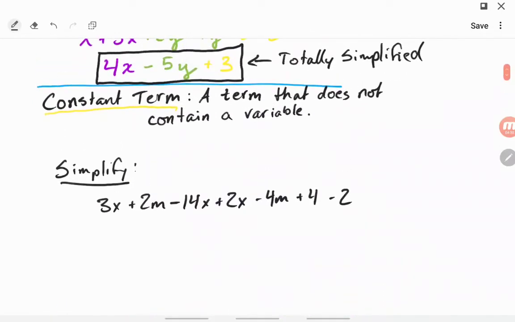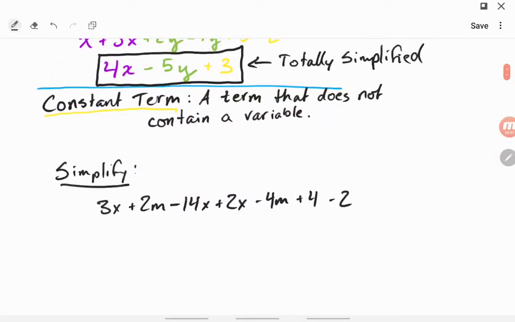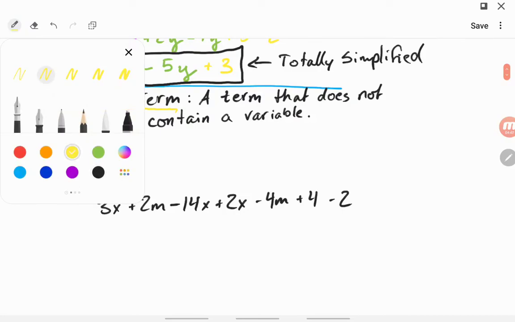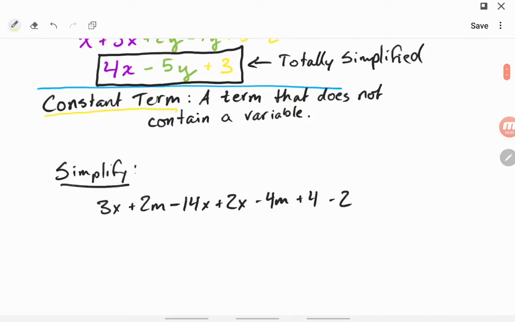So let's move on to another problem here. I've got 3x plus 2m minus 14x plus 2x minus 4m plus 4 minus 2. Let's go through and identify our like terms. So I like starting off with the x's, or whichever is given to me first, right? So I'm going to say, well, I've got 3x here. I'm going to look through this and find any and every other x. So I've got a negative 14x.